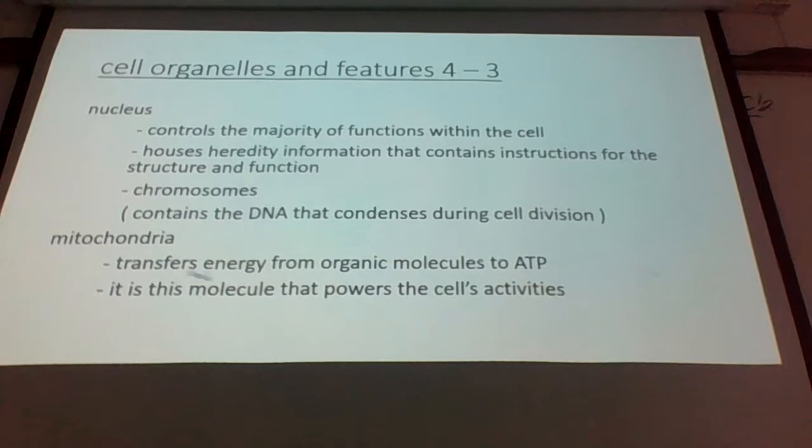So we have erythrocytes and leukocytes, red and white blood cells. How would the function of a red blood cell be different than that of a cardiac muscle cell? What do muscle cells do? They contract, so they need to get shorter. We've already established that white blood cells deal with your immune system, but what do red blood cells possibly do?